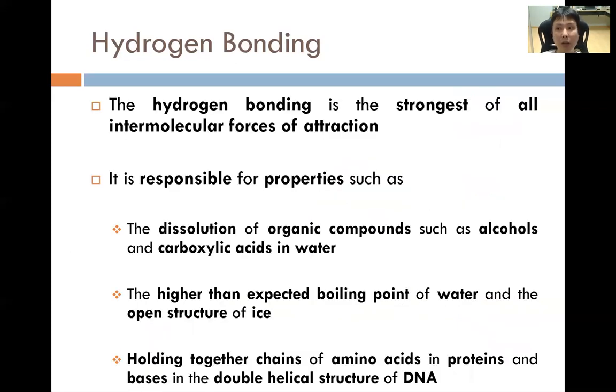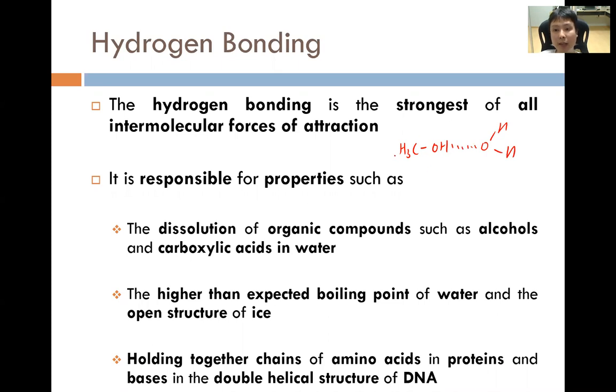Okay, so a bit more on hydrogen bonding. Hydrogen bonding is the strongest intermolecular force of attraction. It's responsible for certain properties such as the dissolution of organic compounds such as alcohols and carboxylic acids in water. So we'll talk more about dissolution, but for example, if you have a molecule such as this, which is an alcohol, its interaction with water will be through hydrogen bonding, which is very strong.